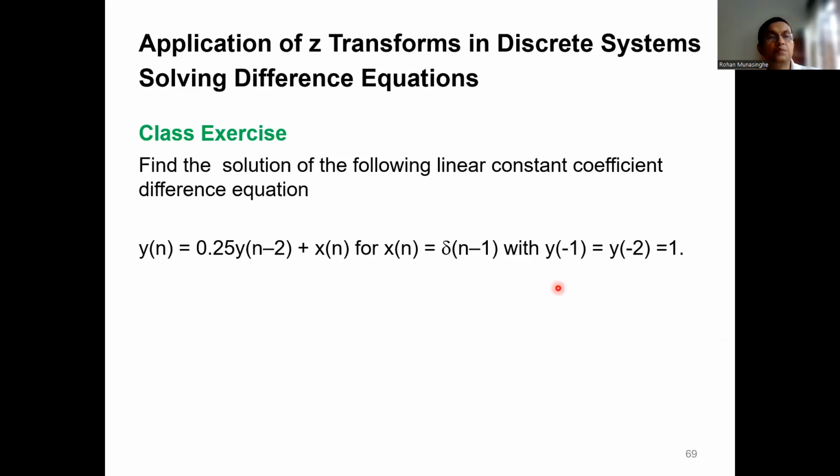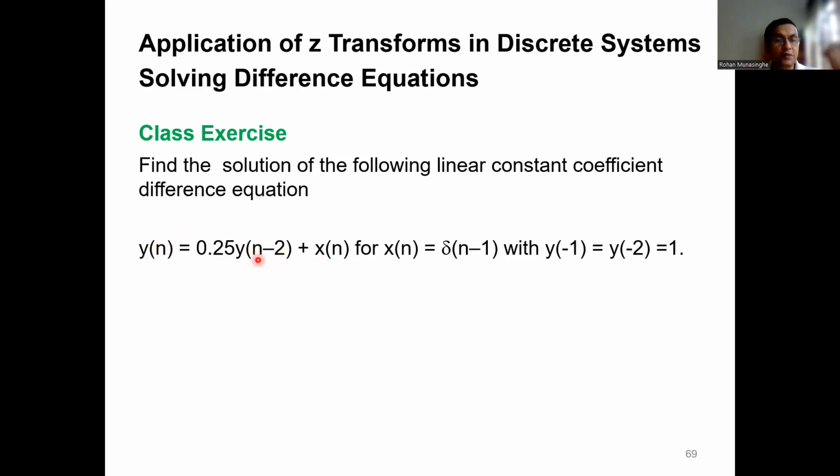So let's work out this example. Find the solution of the following linear constant coefficient difference equation. If you look here, this is a difference equation: y[n] is equal to 0.25 y[n-2] plus x[n].